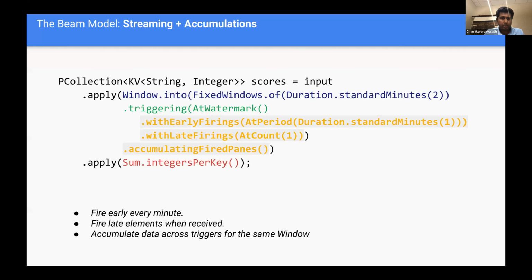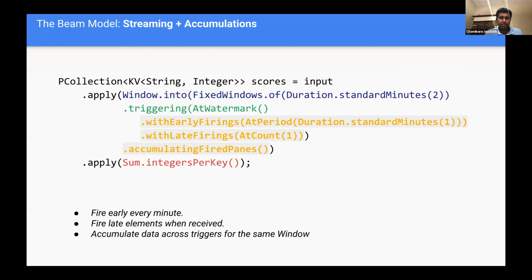Right. The last option I provided here is accumulating fired panes. So that basically tells the system, now I mentioned that you fire every minute and you fire at the watermark, right? And also you fire late data. So how should these results be accumulated?